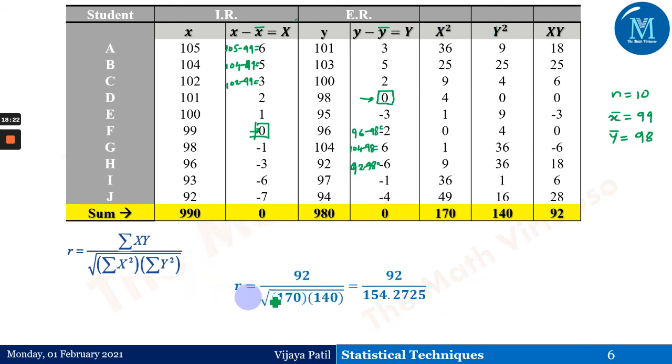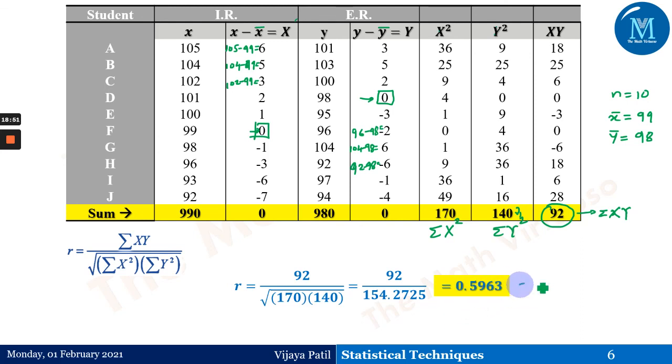So if we put the values in small r, the summation of capital X capital Y is 92. Then 170 is the summation of capital X square. This is the summation of capital Y square, and that is what we have put here. After that, we'll get the answer as 0.5963.